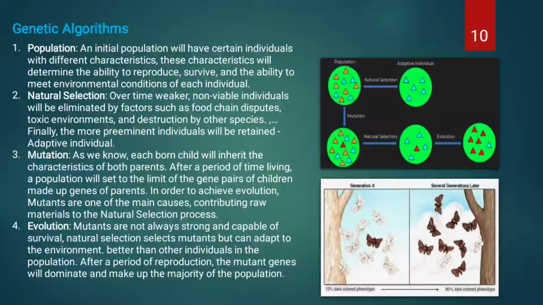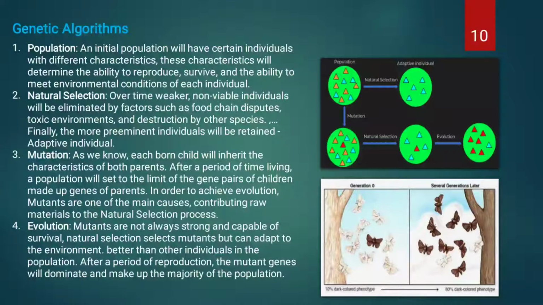These characteristics determine the ability to reproduce, survive, and meet the environmental conditions of each individual. Through natural selection over time, weaker, non-viable individuals will be eliminated by factors such as food chain disputes, toxic environments, and destruction by other species. Finally, the more permanent, adaptive individuals will be retained.